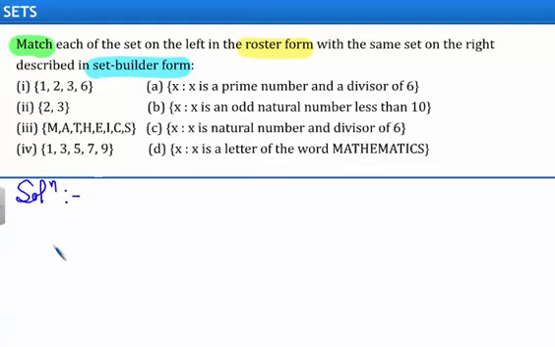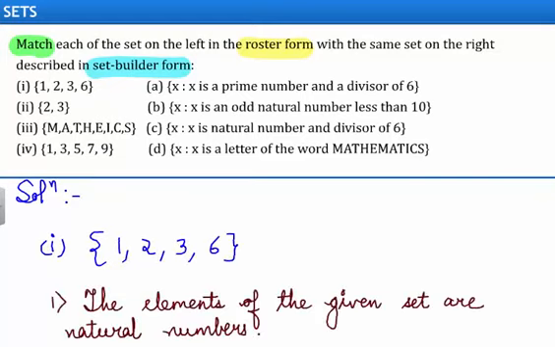Let us consider the first set given in roster form in the left column. Now, on observing these elements, we can say that the elements of the given set are natural numbers. And one more fact we observe, these elements 1, 2, 3 and 6 are also divisors of 6.